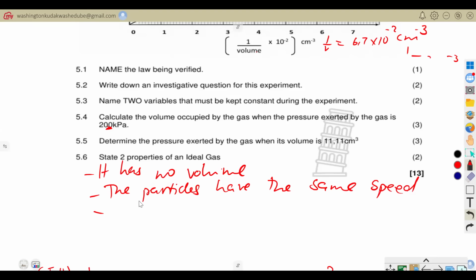Or else you would just say they have no intermolecular forces. Ideal gases have no intermolecular forces.